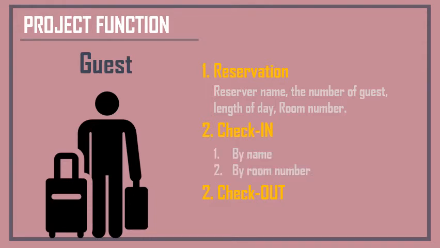When guests check in, they can do so in two ways, by name or by room number. Third is the checkout function. Checkout can be done using the room number. Exceptions and precautions for reservations, check-in, and check-out will be discussed later.